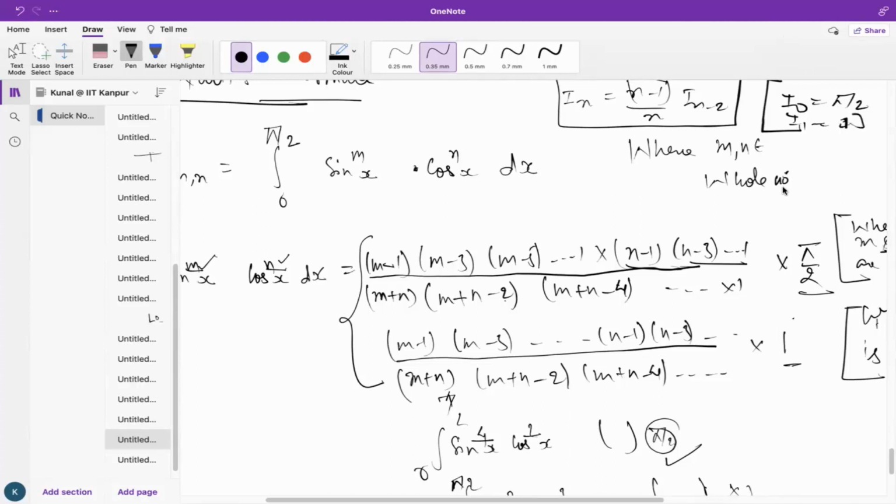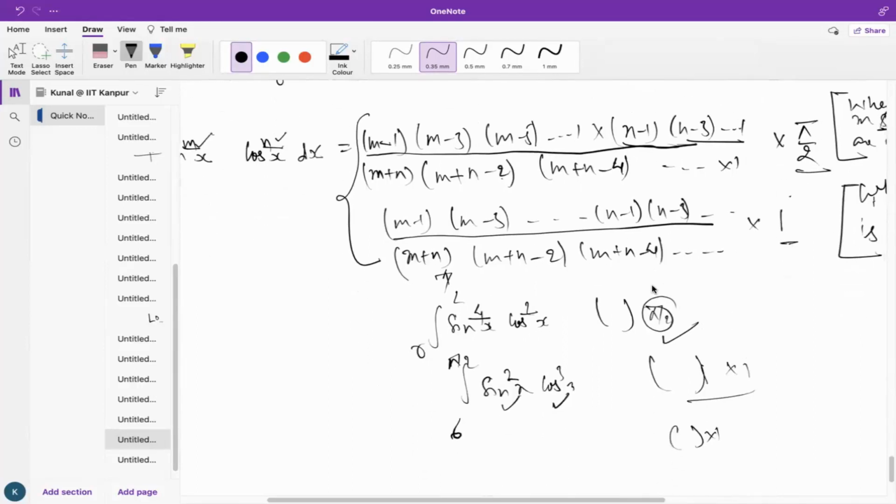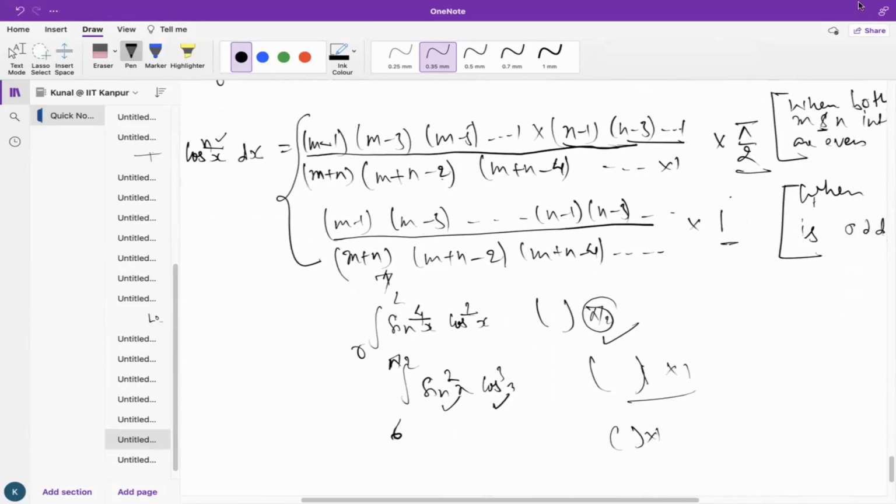So we repeat the same here. If both powers are even, we multiply here by pi by 2. If one power is odd or both powers are odd, we multiply here by 1. I hope you all understand this.